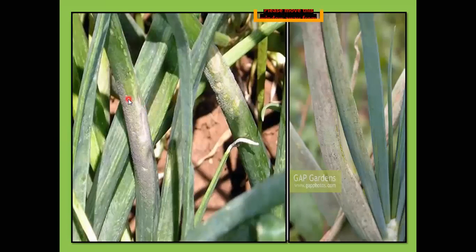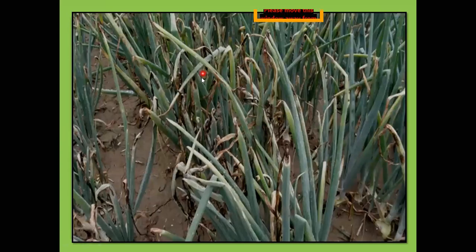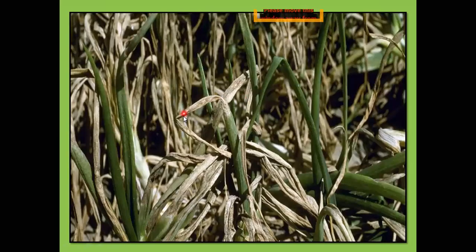This is the whitish profuse growth seen on the leaf surface. These are the necrotic lesions, or burning of leaves, generally seen in onion fields due to the Peronospora destructor pathogen. This is a heavily infested onion plot due to Peronospora destructor.